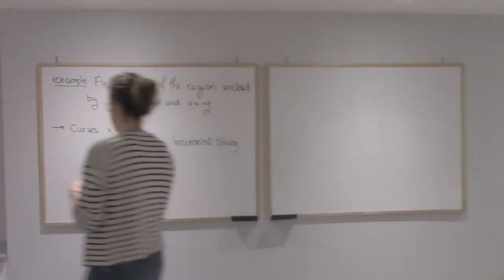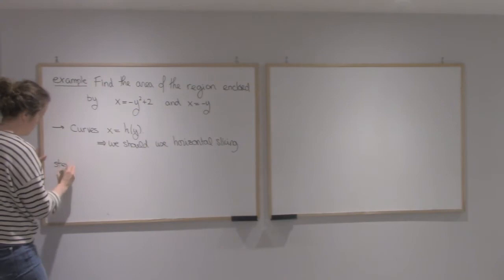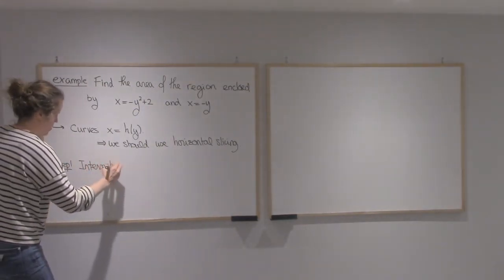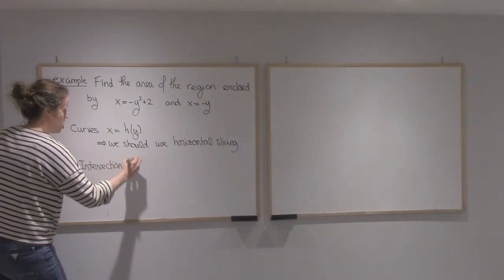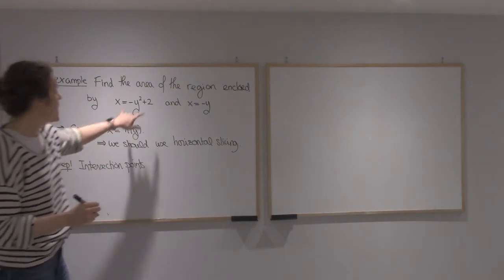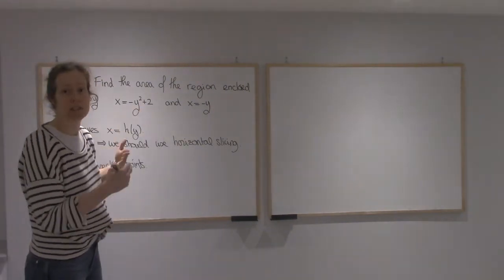Alright, so step 1. I want to find all points that are on both curves. Since x is isolated in both, I'll just set them equal.